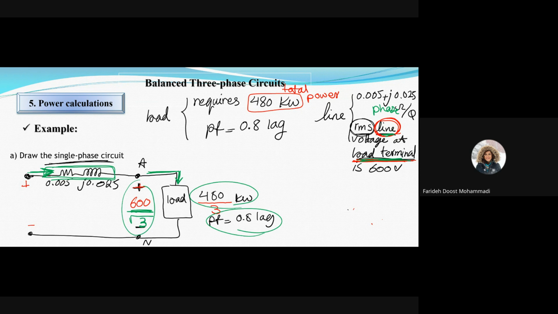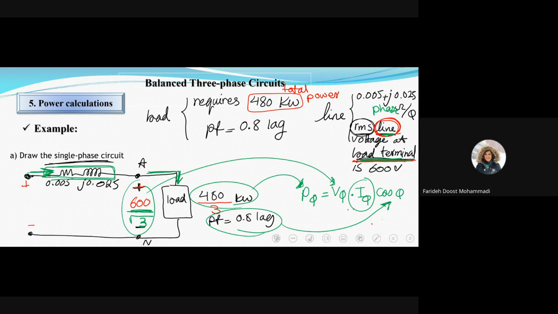P for each phase is equal to the voltage of that phase multiplied by the current of that phase multiplied by the cosine of phi, right? I have the power, the power factor, which is the cosine, and the phase voltage. So I can plug these three in and find the current of the load, which is the same as the current of the line here.